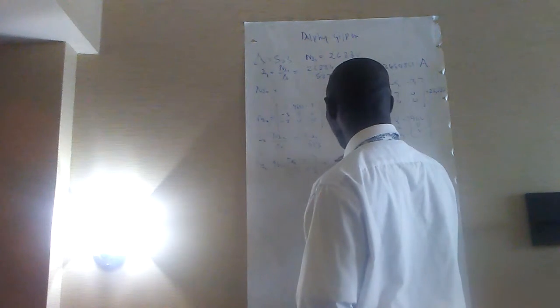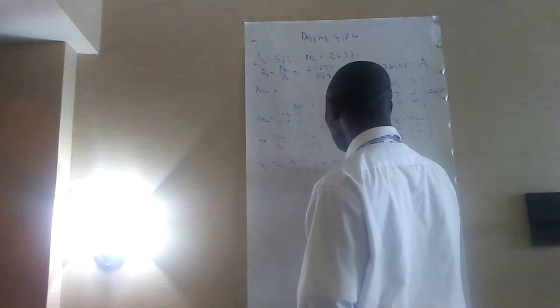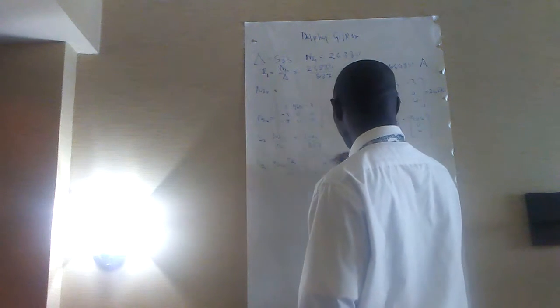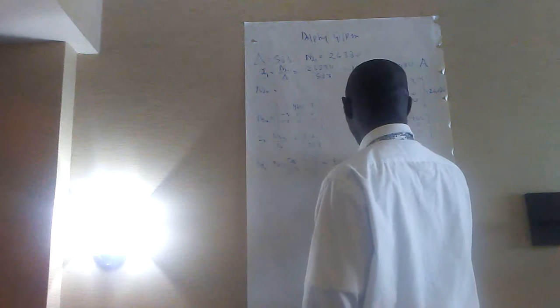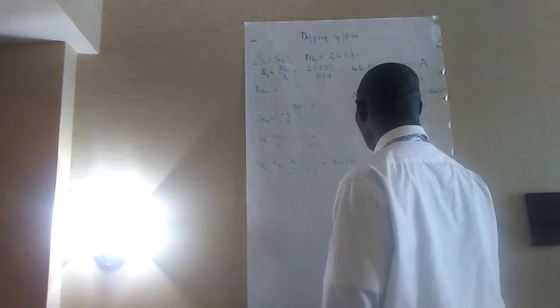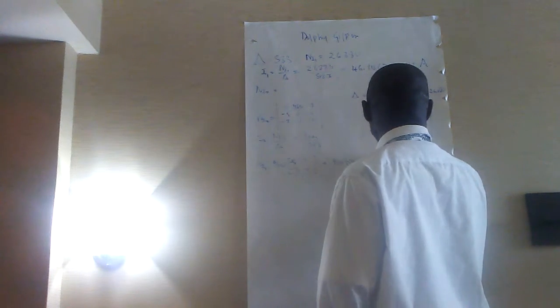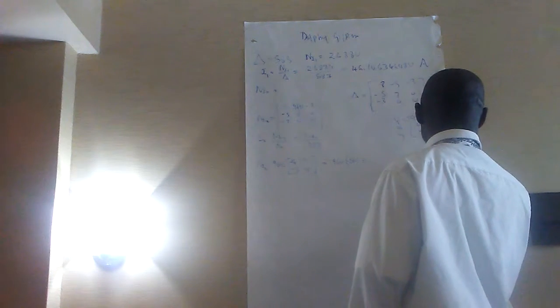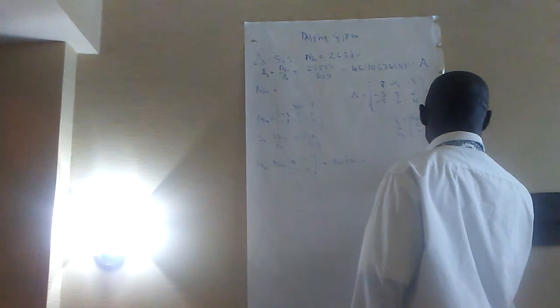So the answer to NI2 here would be 960 multiplied by minus 20, and 3 times 0 will be 0. So that would be equal to 960 multiplied by 20, which is the same as 9,600 multiplied by 2.